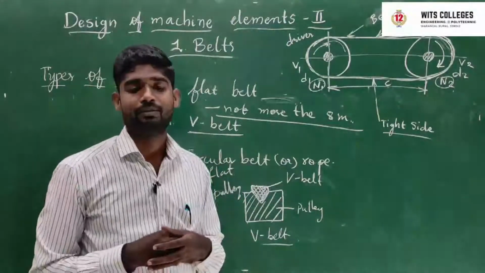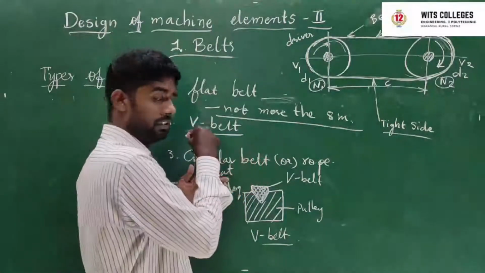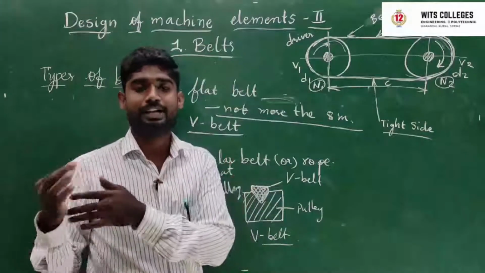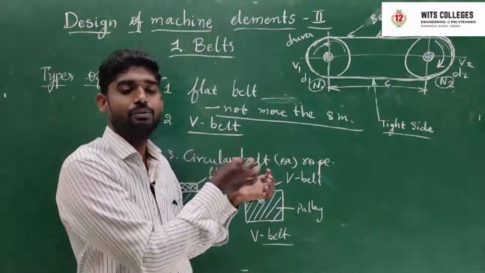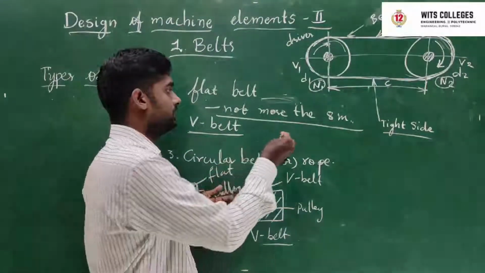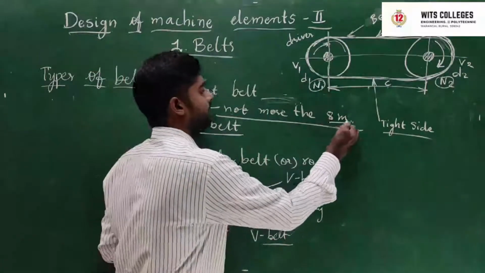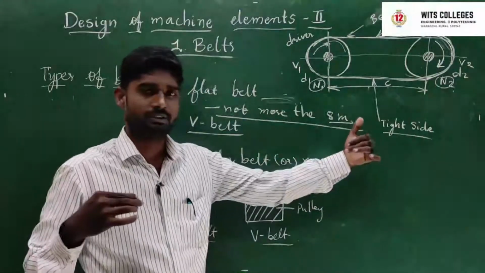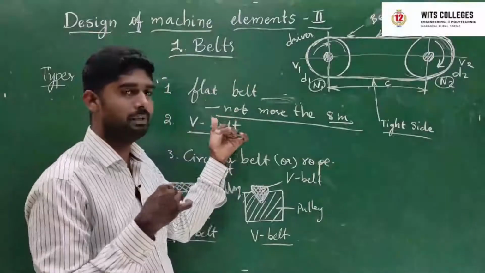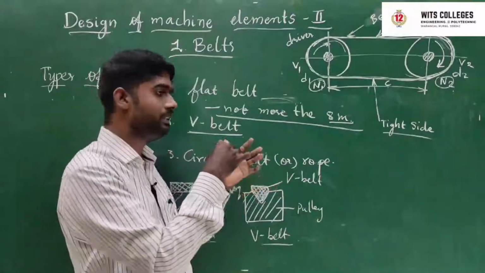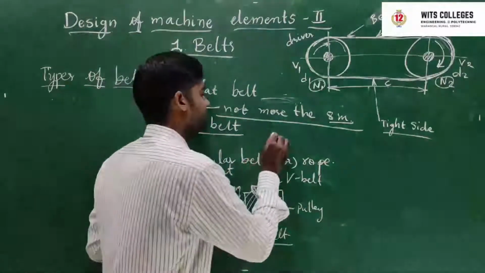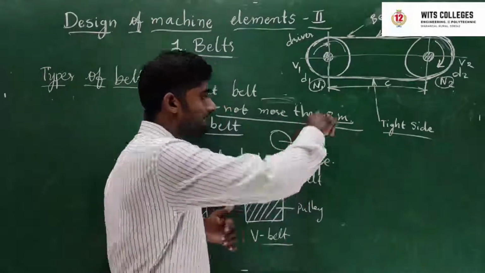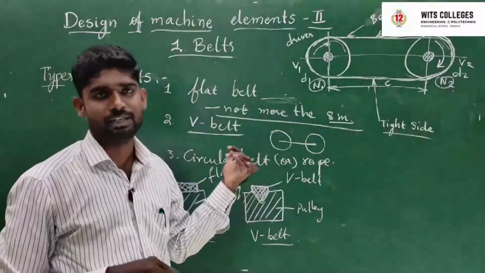Then, when two pulleys are very near to each other, with a center distance between one pulley and another of up to 8 meters, we are using a flat belt. But below 8 meters, near to each other, less than 8 meters, we are using a V belt.